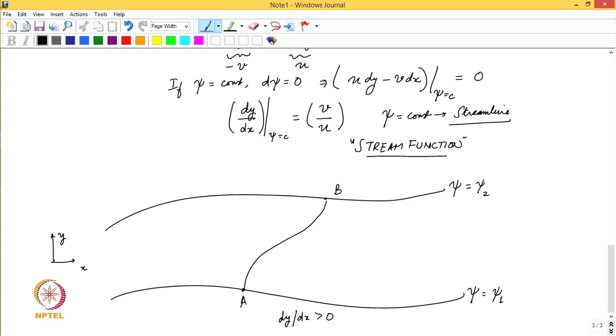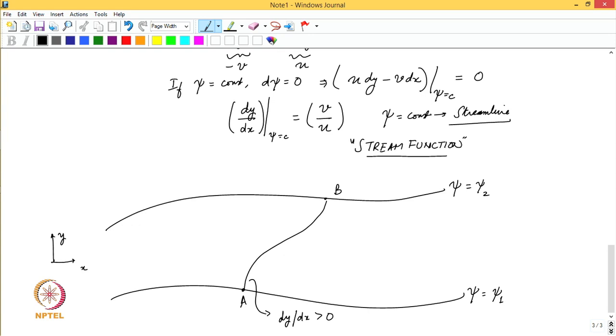That is just for convenience. We could have chosen some other surface as well, but just to prove it quickly, let me say this is what I am going to choose. Okay, so, this line AB is of arbitrary shape, but it is such that it has a positive slope. For all we care, it could even be a straight line connecting A and B, but for now let us just take a curvilinear section.